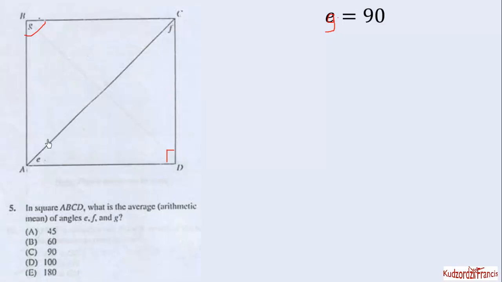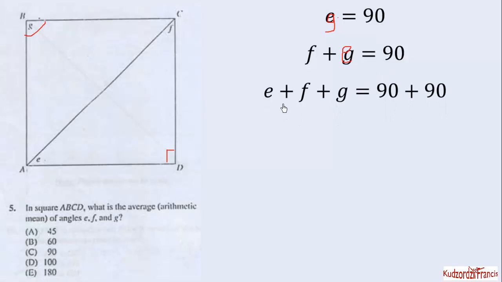The diagonal bisects this, so it means this will be 45 and this will be 45. So F plus E must also be equal to 90. So when we add the left hand side and the right hand side, we must get something like this. Now it means that E plus F plus G is equal to 180.